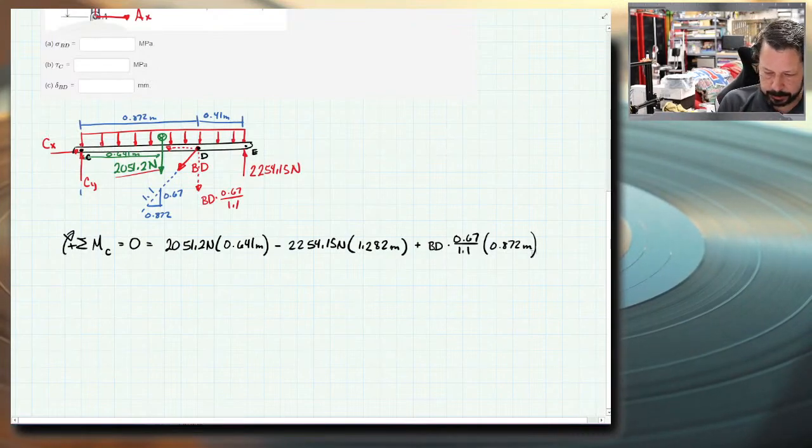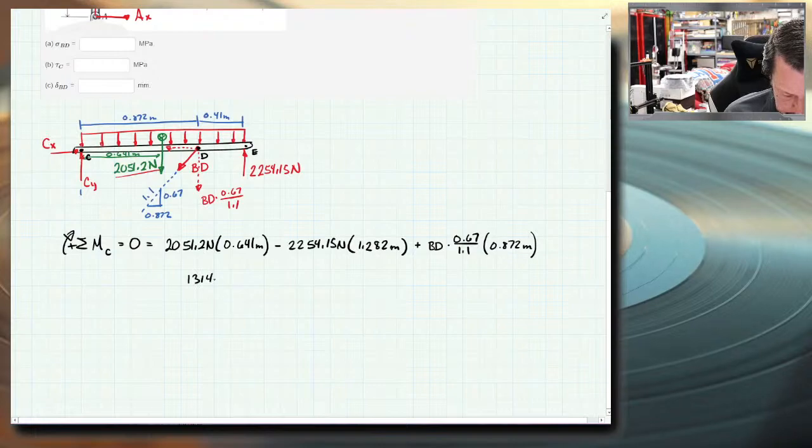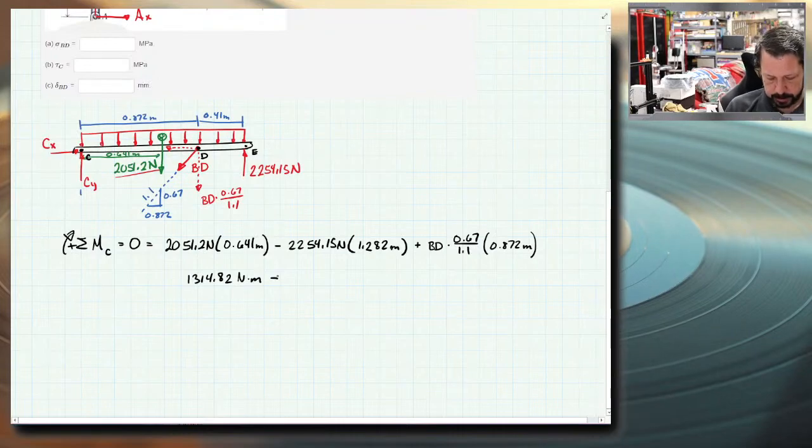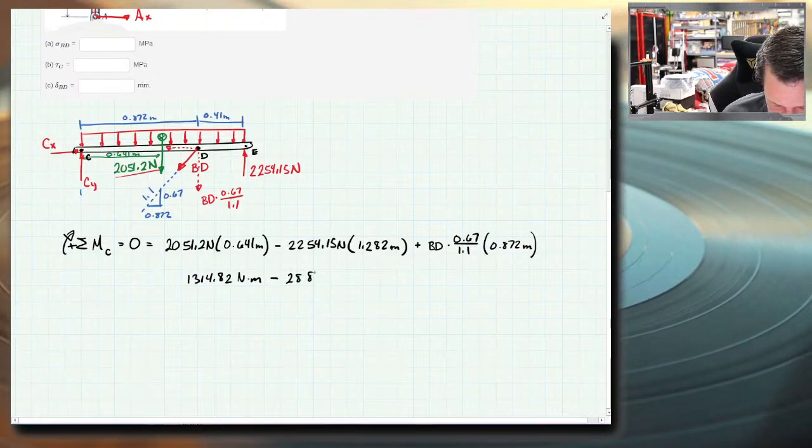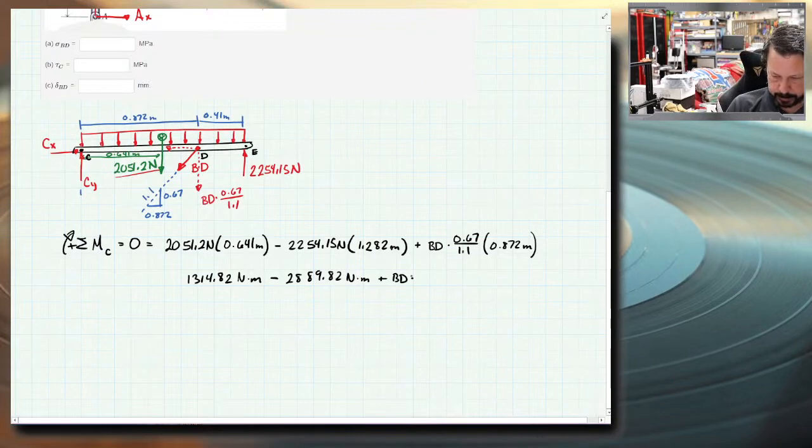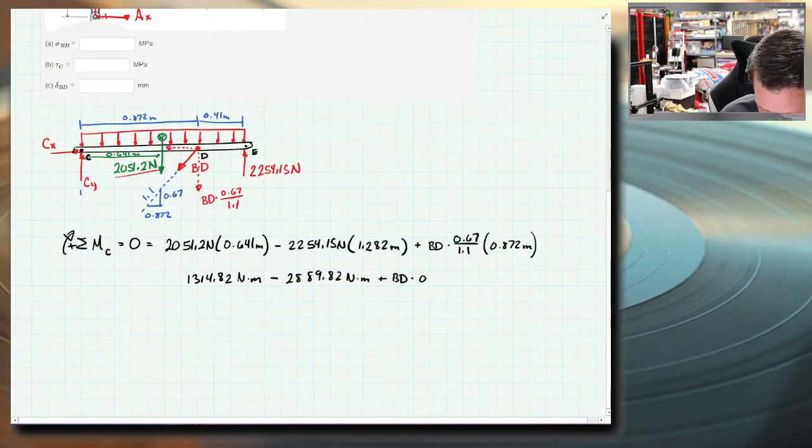I'm going to have to do these a little bit at a time. So 2051.2 times 0.641 is 1314.82 Newton meters, minus 2254.15 times 1.282, 2889.82 Newton meters, plus BD times 0.67 times 0.872 divided by 1.1, 0.5311.